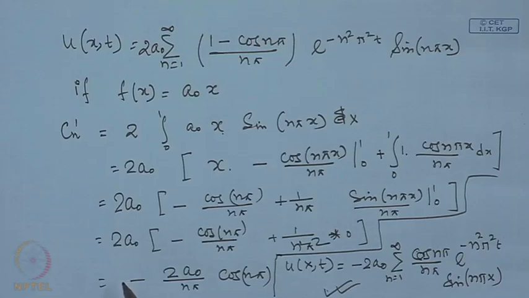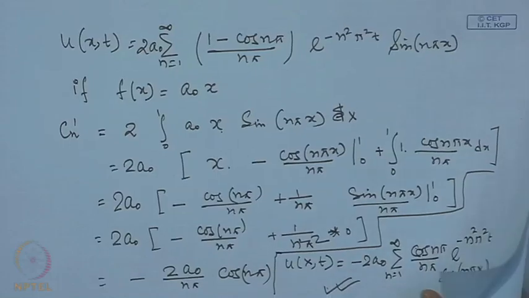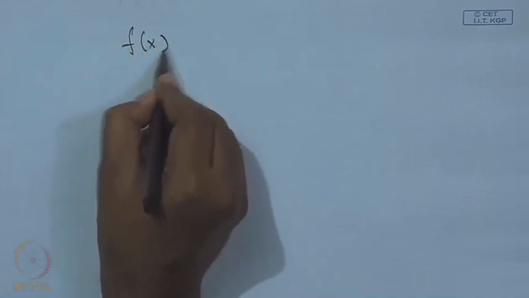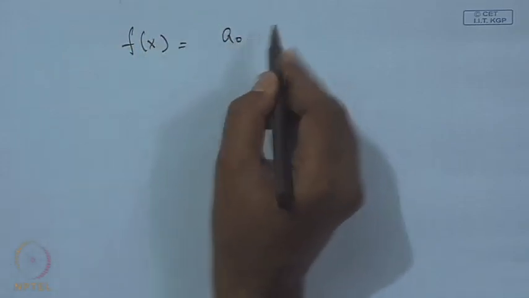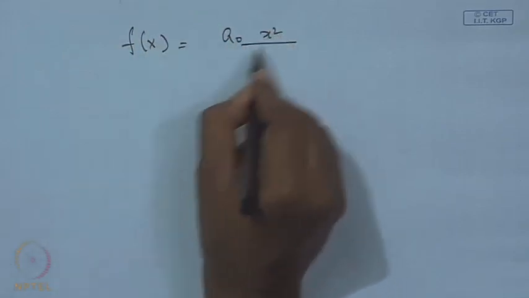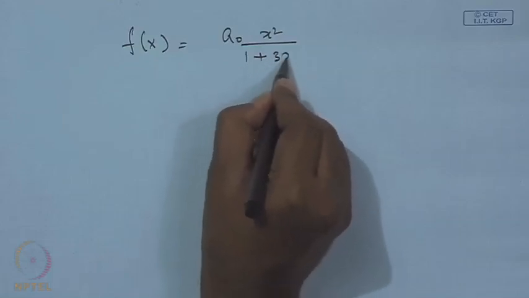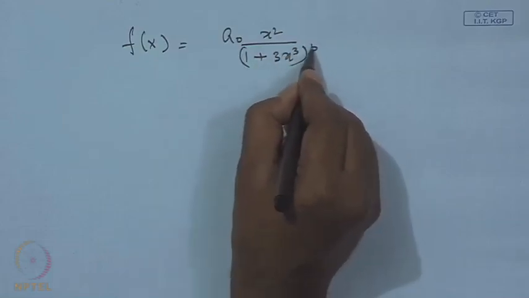On the other hand, if f of x is a complicated function, where an analytical solution by using integration by parts may not be possible. For example, a case like f of x is equal to a0 x square plus 1 divided by 1 plus 3 x to the power 3, raised to the power 5.